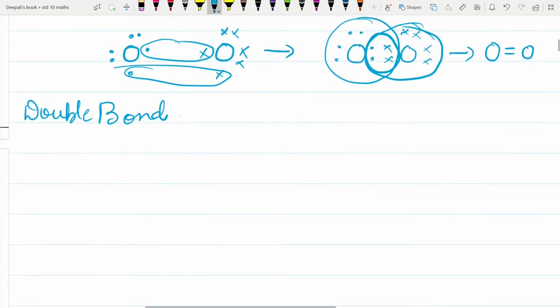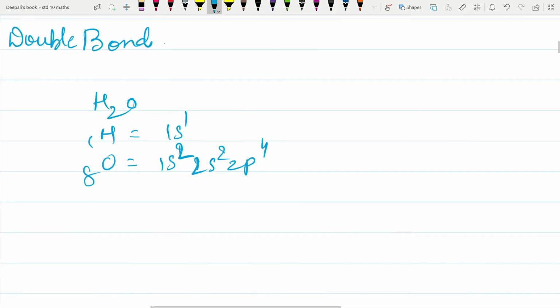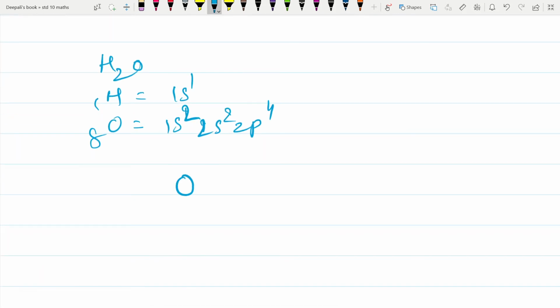Now if you see the water molecule H2O, then H is 1, 1s1, O is 8, 1s2, 2s2, 2p4. So now you observe oxygen has 1, 2, 3, 4, 5 and 6.